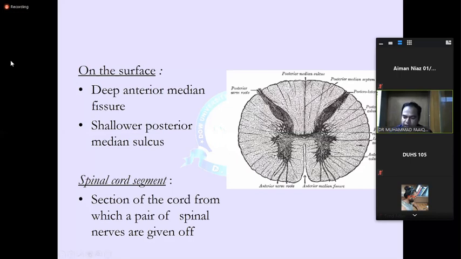Another important thing is that anteriorly there is a fissure which harbors the anterior spinal artery, and posteriorly there is a sulcus. So this fissure also tells you whether it is the anterior or posterior region.